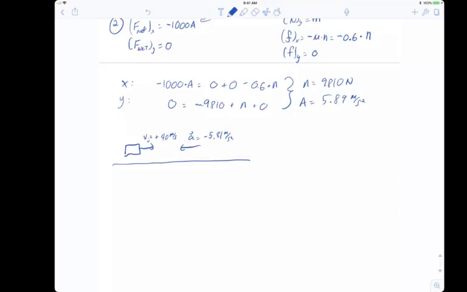I want to figure out how far it is before it stops sliding. Okay. There's a couple different questions. This is a constant acceleration problem, and we're familiar with these.